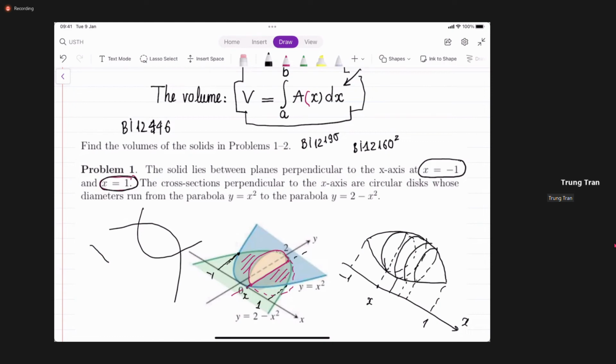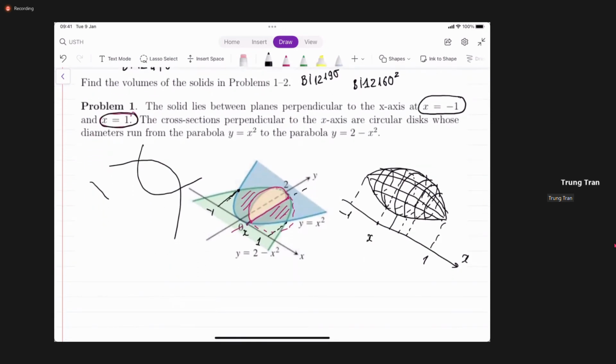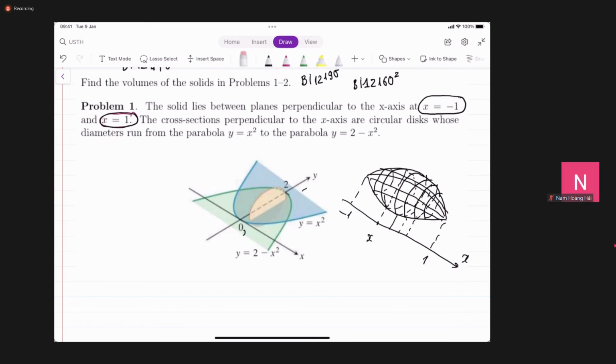Now you can see that this is the picture of our solid. So what is the volume of the solid?